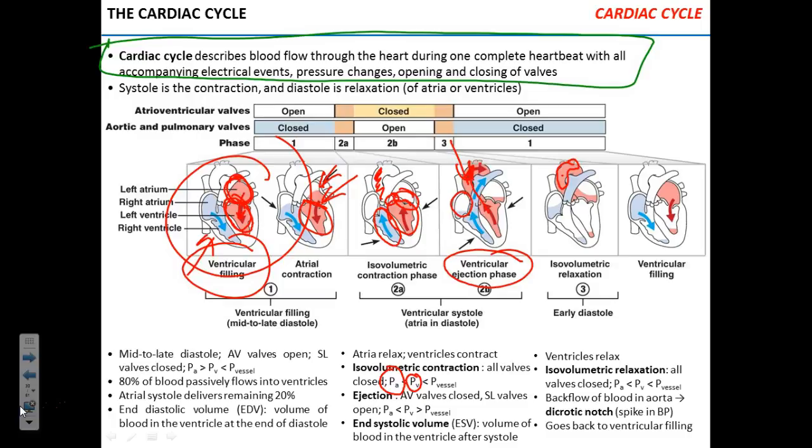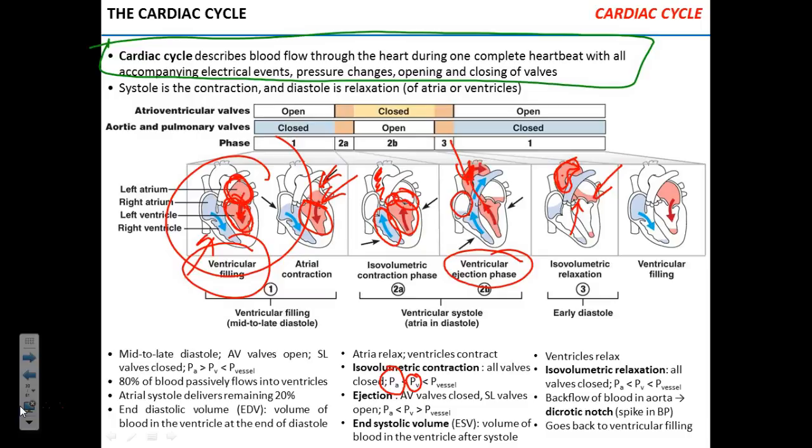So I cannot push hard enough. When blood pressure in the aorta reaches its maximum, the semilunar valve right here closes. Does that make sense? Interestingly enough, at the same time, the atrioventricular valve here is also closed.